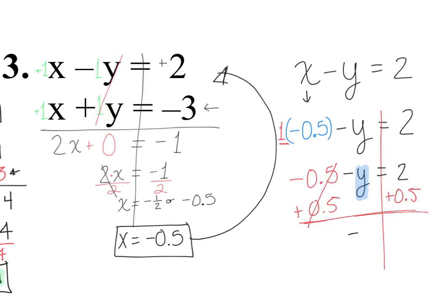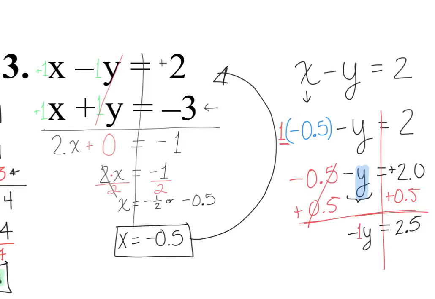Alright, drop down the negative y. Again, make sure that you're dropping down the entire thing. Can't forget about that negative. That is important. And then on the other side, that's a positive 2 plus 0.5. Line up your decimals. So that's 2.5. Now we need to get rid of that negative.